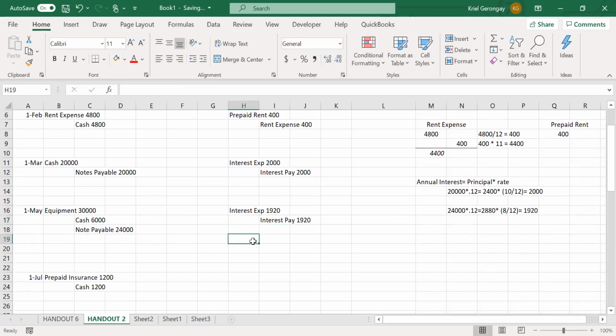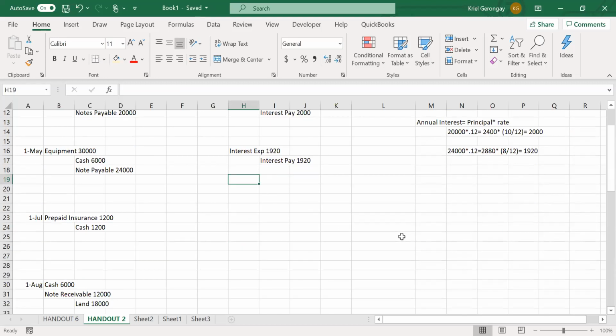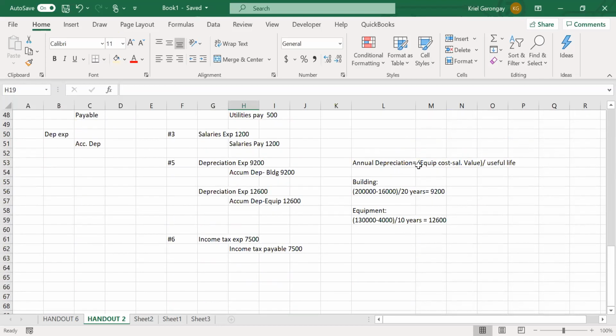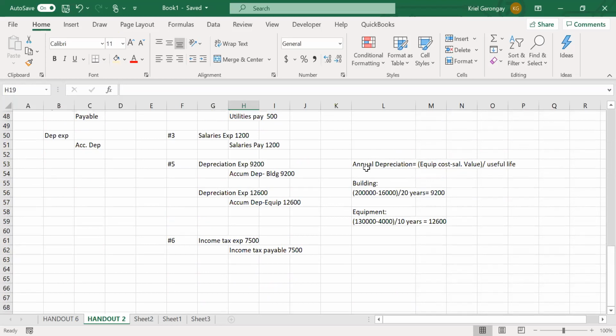So for the second journal entry, we have to adjust the depreciation since we bought equipment, and equipment depreciates over time. We have to record the depreciation from May to December. As you recall, our formula for depreciation is annual depreciation equals equipment cost minus salvage value over useful life.